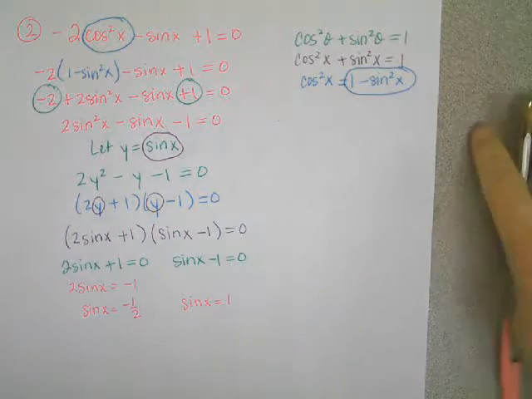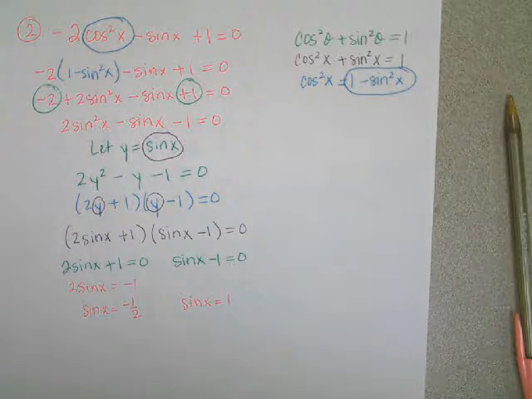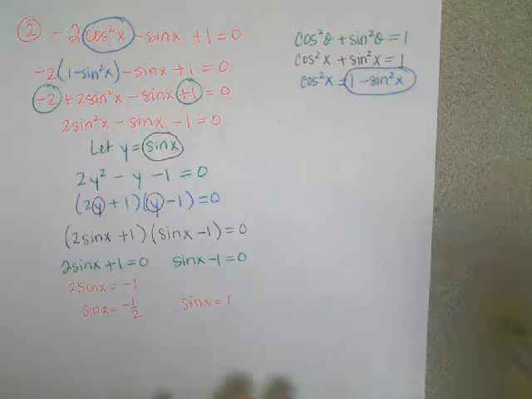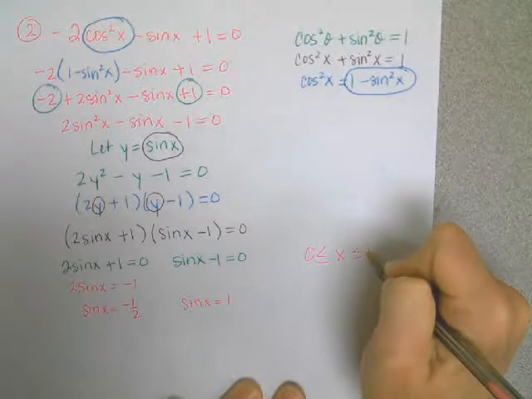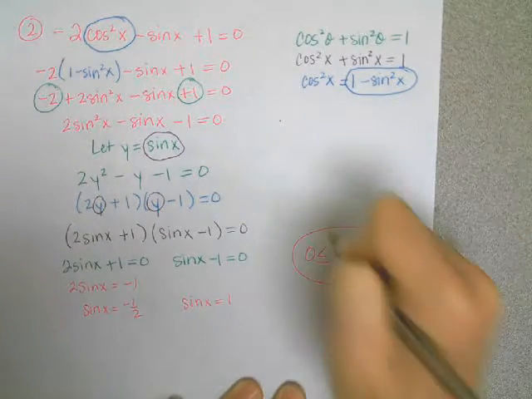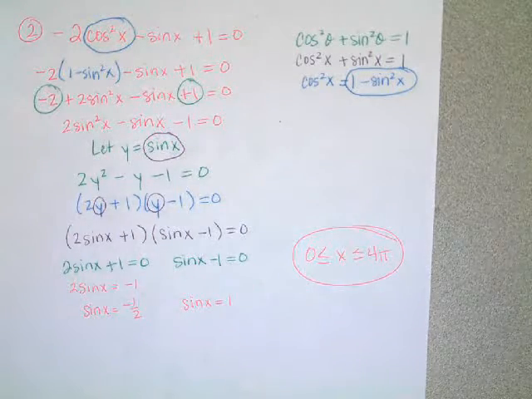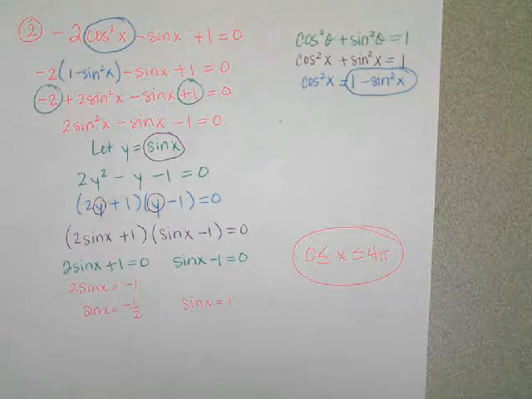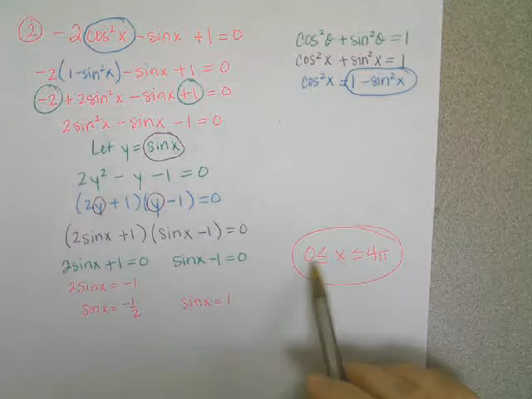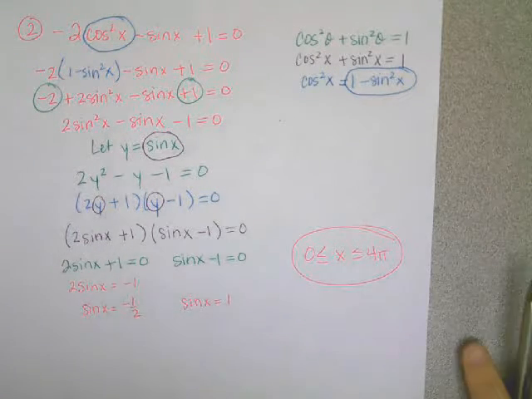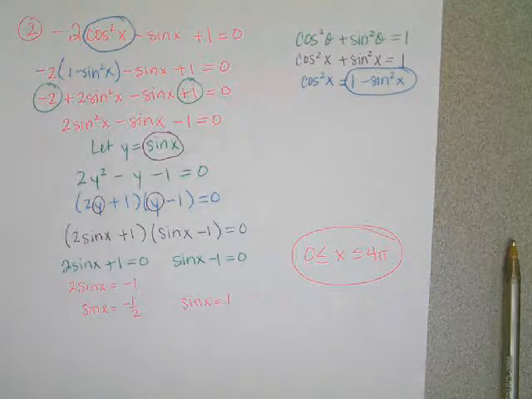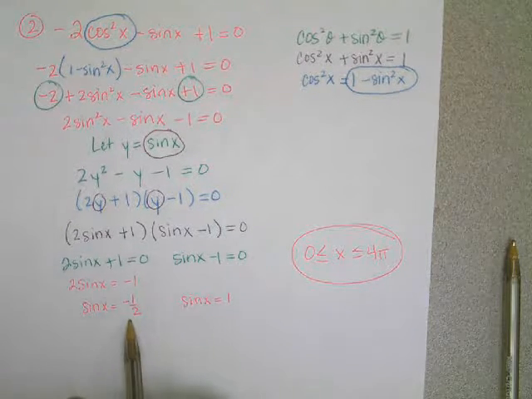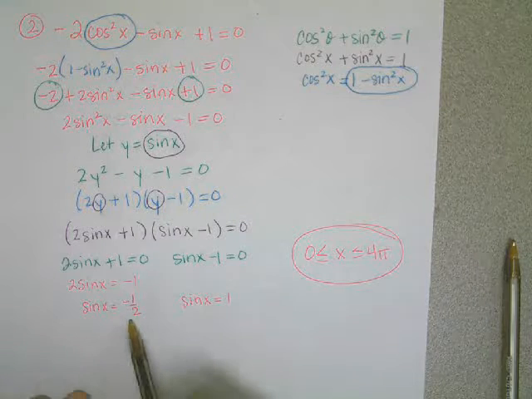So I'm looking for two different things. And at the very beginning I forgot to write down again, but they're saying this time x is between 0 and 4 pi. So that's 2 full circles on the unit circle, so 2 full rotations. X is going to be between here. I have to think of all the possible angles where sine is negative 1/2.